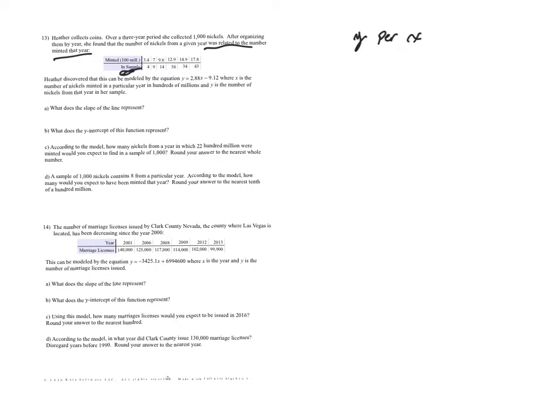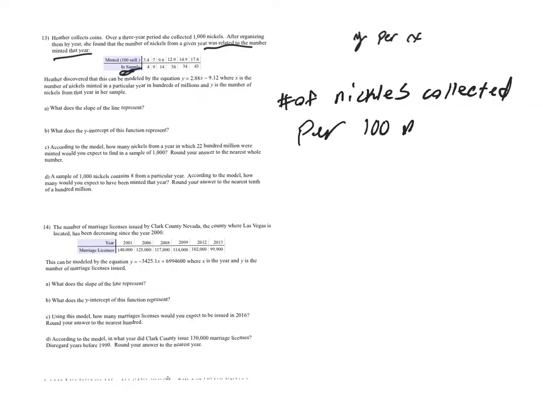So what we have are y values. So the y values are number of nickels. Let's try writing in English. Number of nickels collected, or in sample, either one of those would work, per 100 million minted.